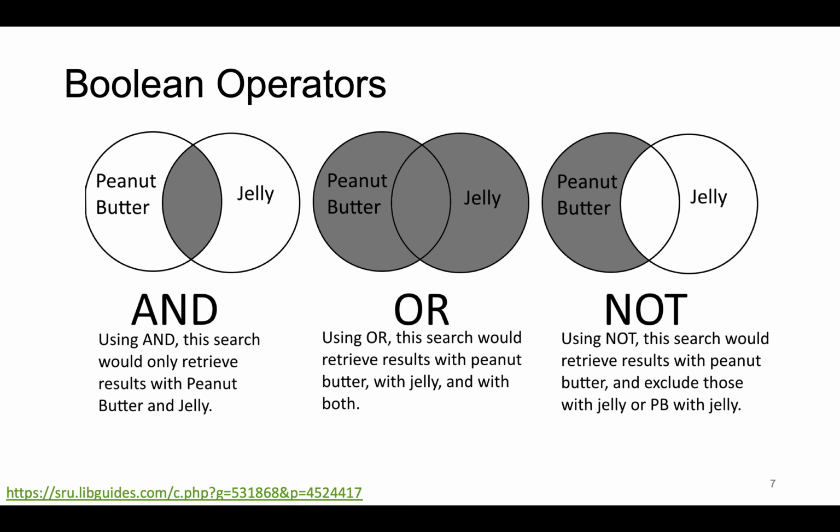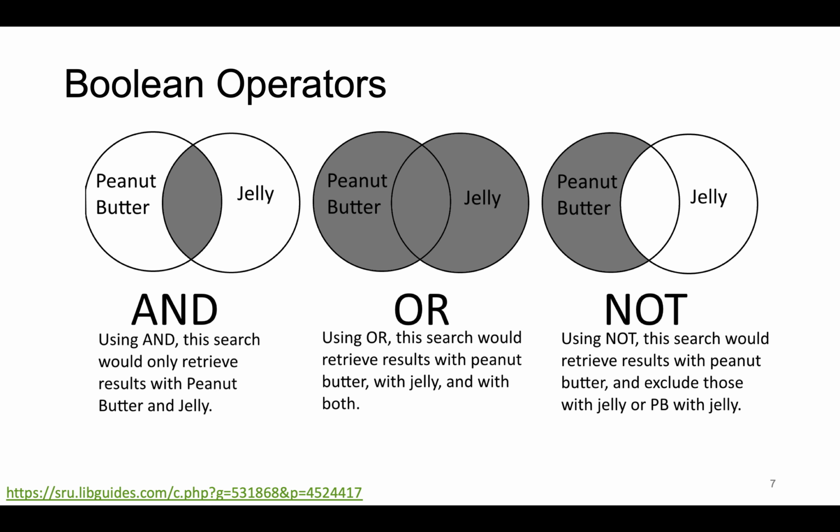So when you search these databases, it's important to use Boolean operators, which help you limit or narrow the scope of your search. So for example, on the left, if you wanted to understand papers where both peanut butter and jelly were discussed, then you would use capital "AND" between peanut butter and jelly.